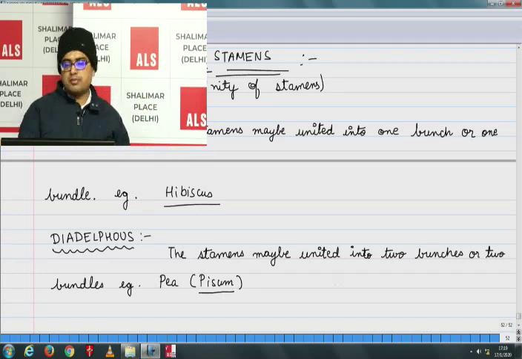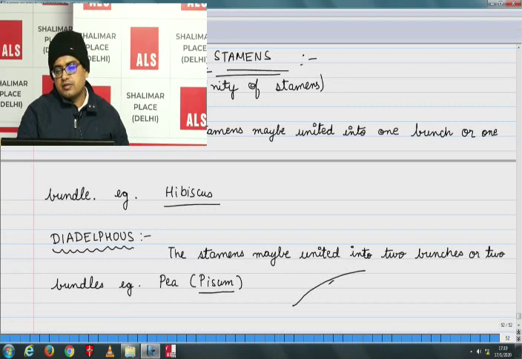So in pea, what happens is, one stamen remains separate. This is the first bundle. Number 2, number 3, number 4, 5, 6, 7, 8, 9. All these nine stamens are united.